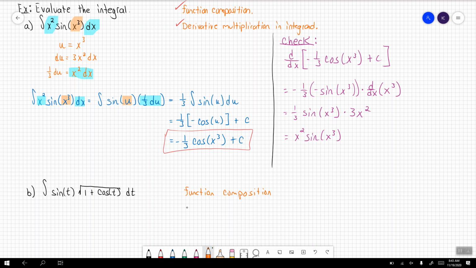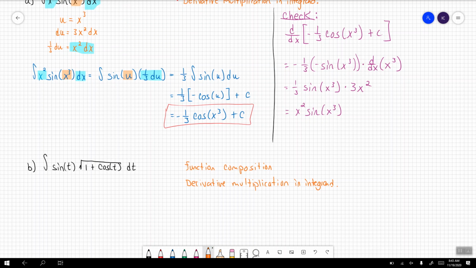Number two, is there a derivative multiplication in the integrand?